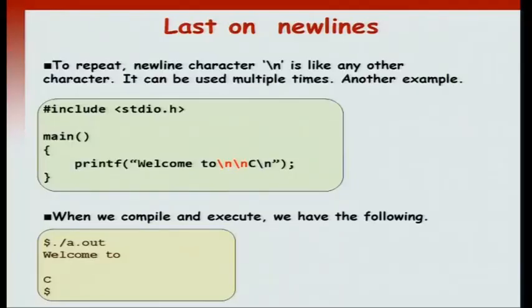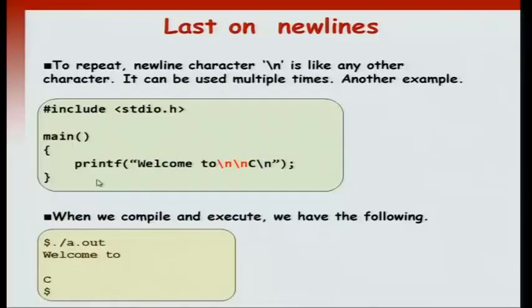Okay. So let's just conclude by saying one more thing about new lines. The new line character \n is like any other character, and you can use it multiple times even within a single message. For example, if I do the same program, but let's say I have "welcome to\n\nC\n".